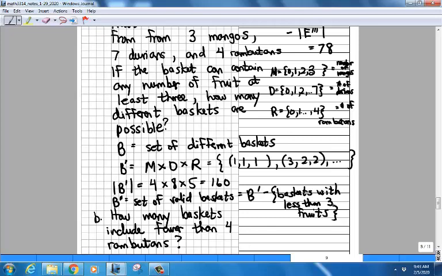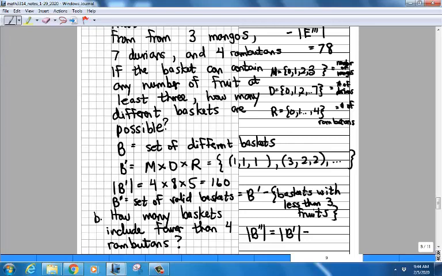So how can I count B double prime then? That's my set of valid gift baskets. It's going to be something like B prime, but what do I want to take off? All of these, correct?